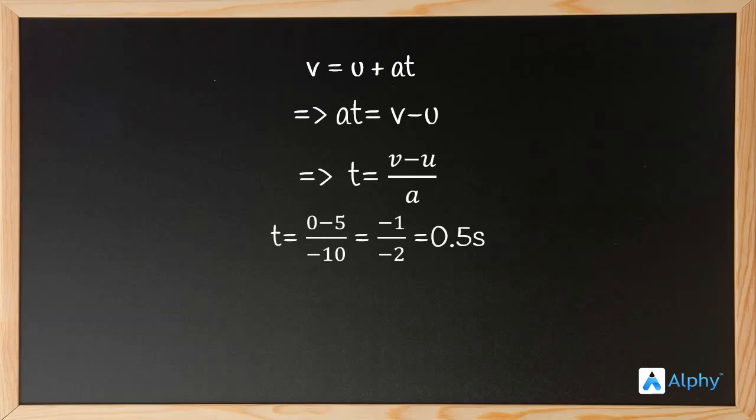Now you have to note, especially in this, suppose you're writing this in an examination and you didn't note that the acceleration is supposed to be taken as negative. The minute you find time in this calculation, if you had not taken acceleration as negative, you would have ended up with minus 0.5 seconds, correct? If you had gotten that, you can tell that the calculation has gone wrong and you need to recheck your answer.